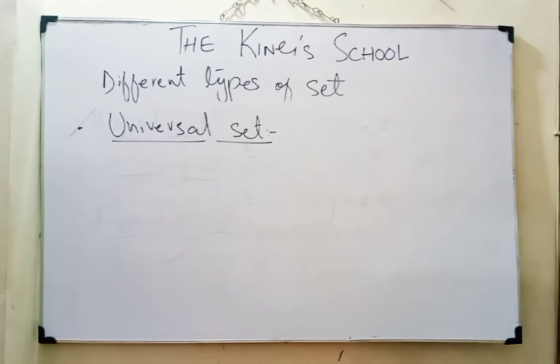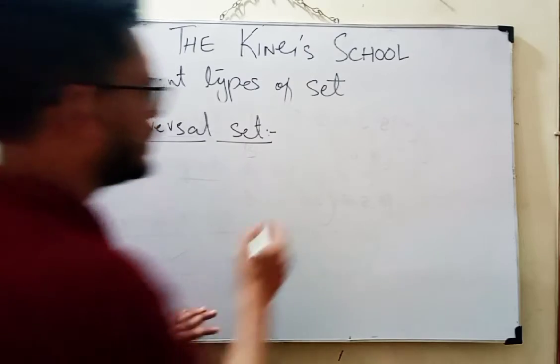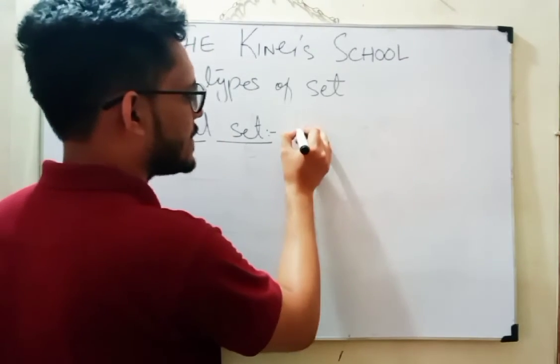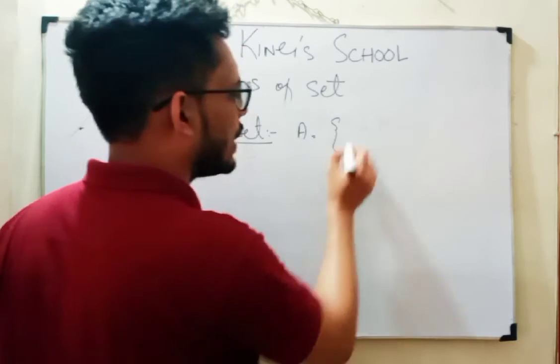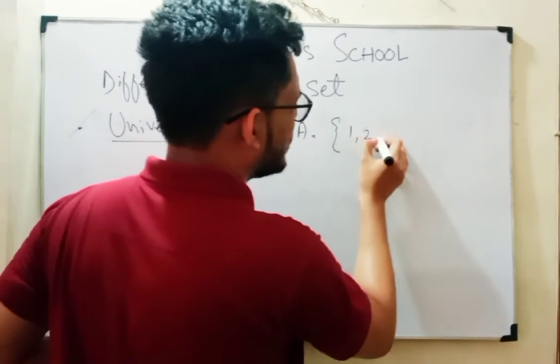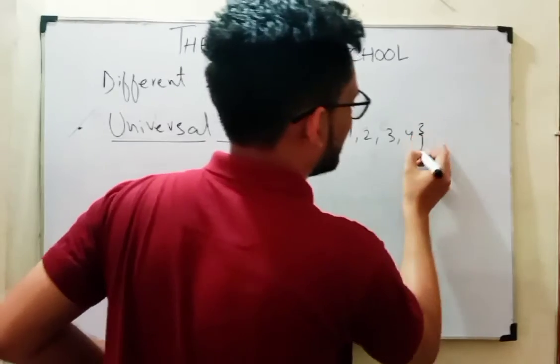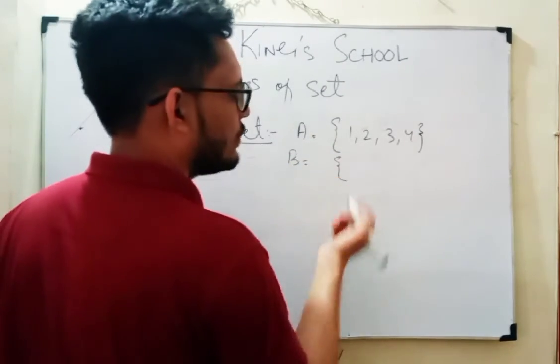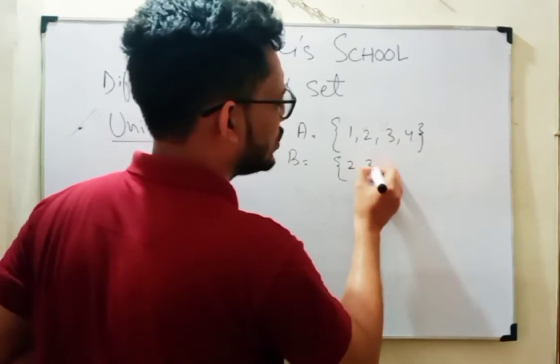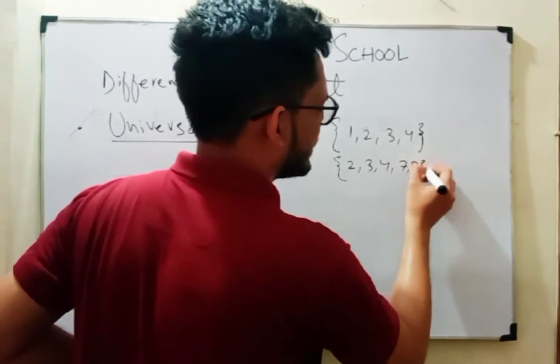So the universal set is the biggest set. For example, we have a set A in which the elements are 1, 2, 3, 4, and another set B in which we have elements 2, 3, 4, 7, 8.